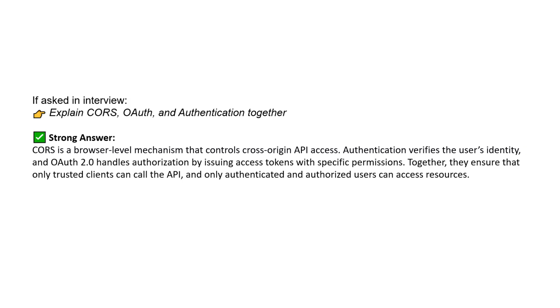Together, they ensure only trusted clients can call the API, and only authenticated and authorized users can access the resources. This can be one interview question when an interviewer asks them together. As I told, CORS is a browser level mechanism that controls cross-origin API access.